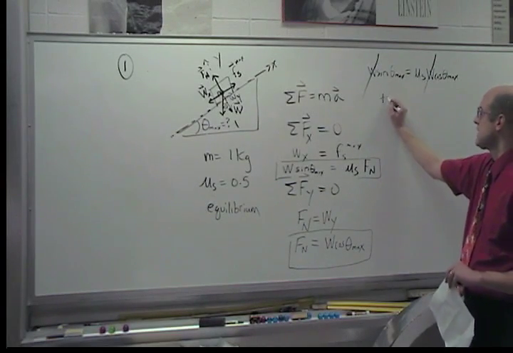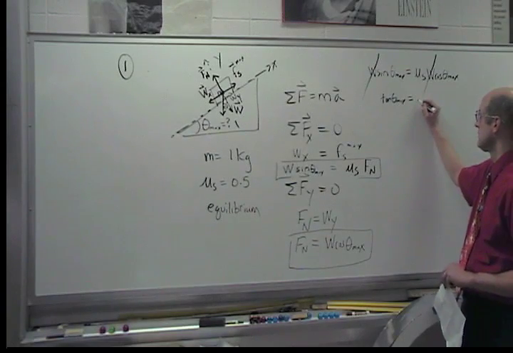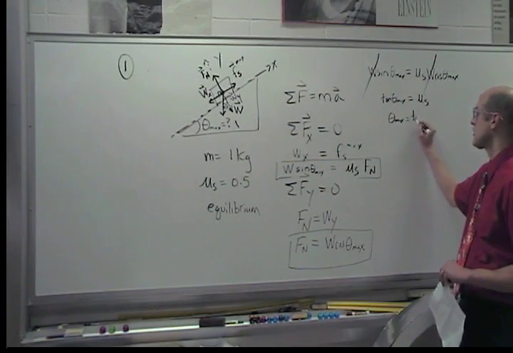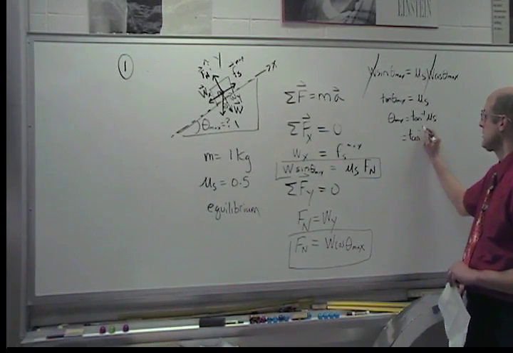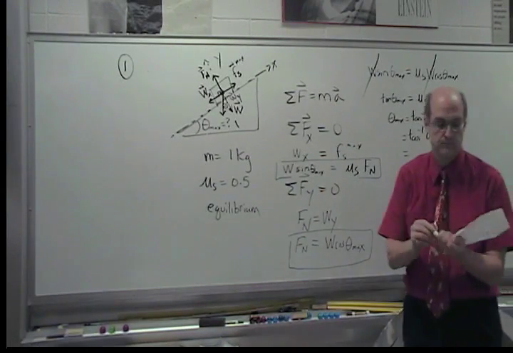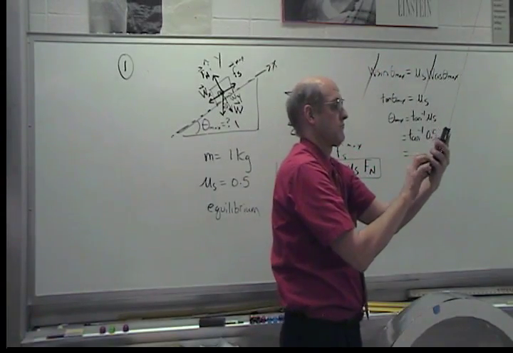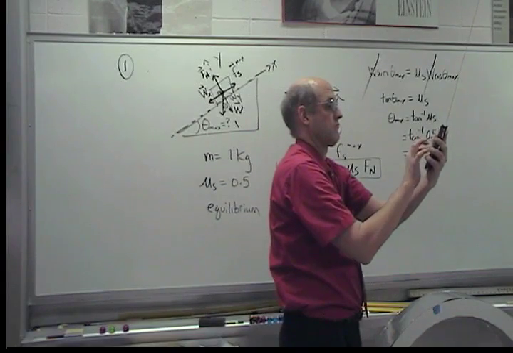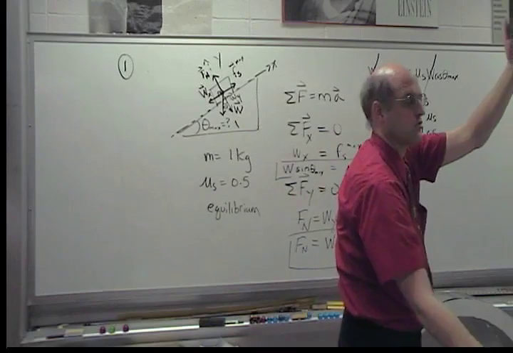So we have the tangent of theta is equal to mu s, where theta is equal to the arctan of mu s. Substituting, we have the arctan of 0.5, or 26.6 degrees.